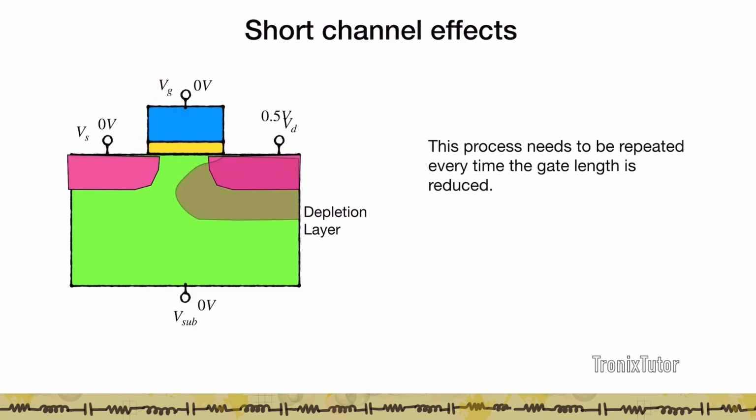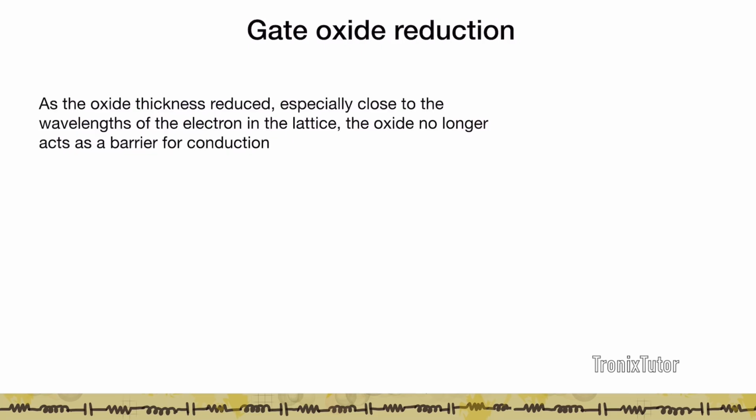When you reduce the oxide thickness, that increases the gate field, and essentially that pushes the depletion from the drain back towards the drain. It also led to reduced voltages. So every time you scaled the device, every time you reduced the gate length, this process had to be repeated over and over again so as to maintain transistor performance.